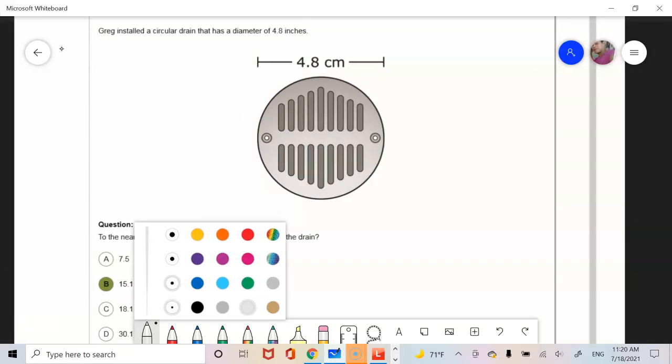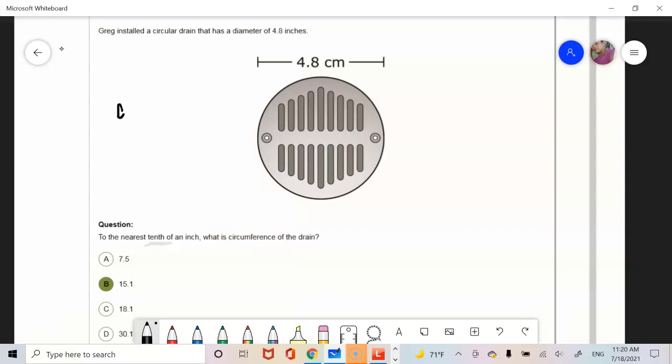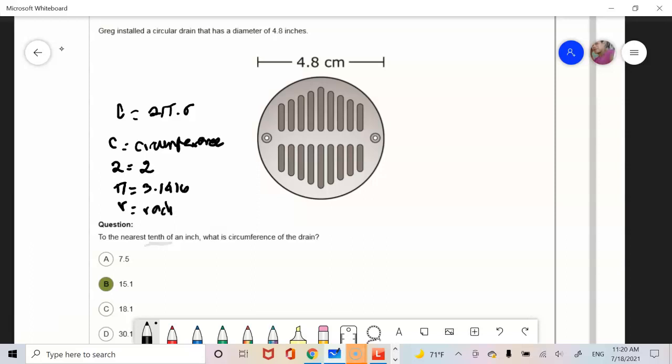But before we start solving the problem, I want you to remember something. When you calculate the circumference or the length of a circle, the circumference can be calculated as 2 pi r, okay? So C is the circumference, then you have 2, the number 2, and then pi is equal to 3.1416 and so on, and r is the radius of the circumference.